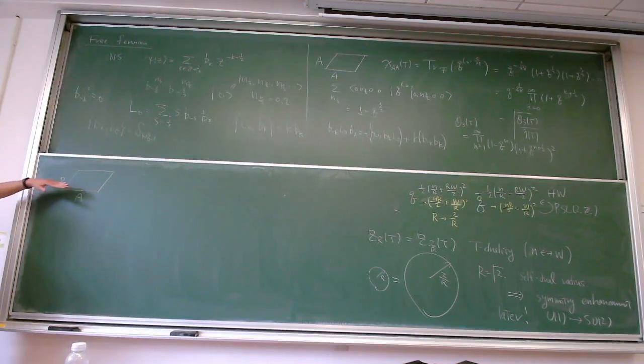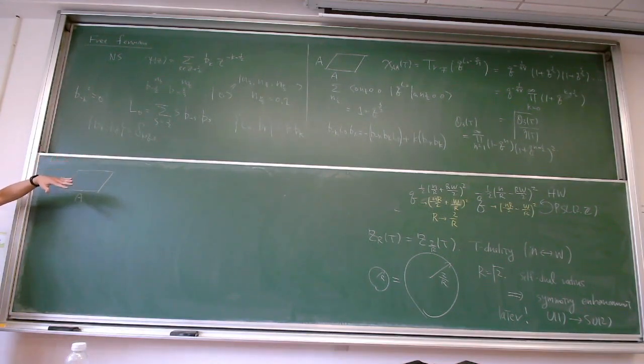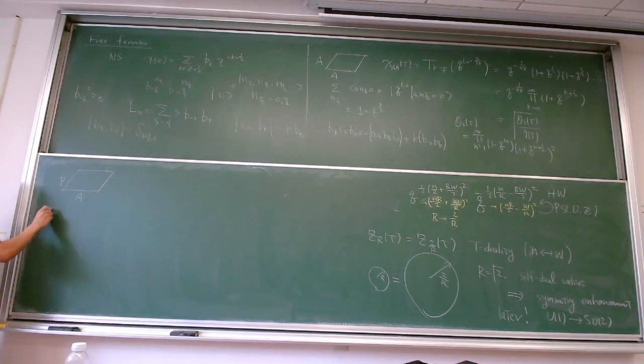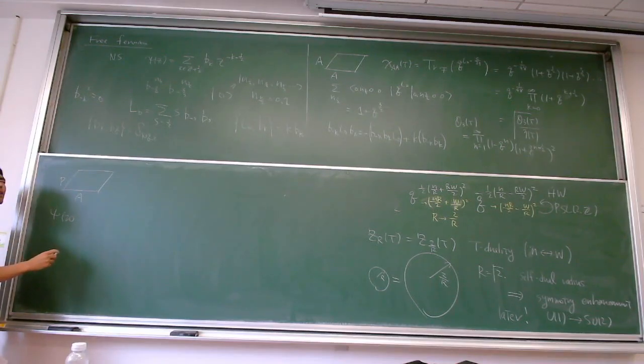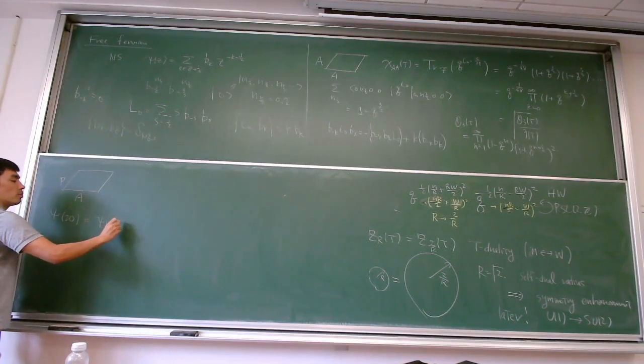You can identify top and bottom by a periodic boundary condition, which means phi of W is indeed phi of W plus tau.